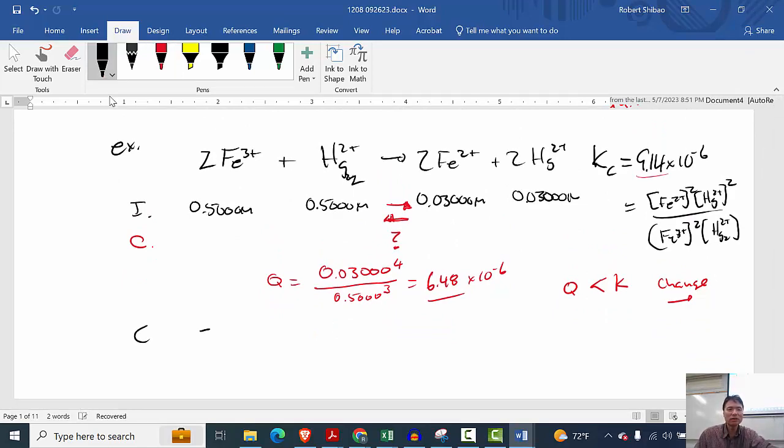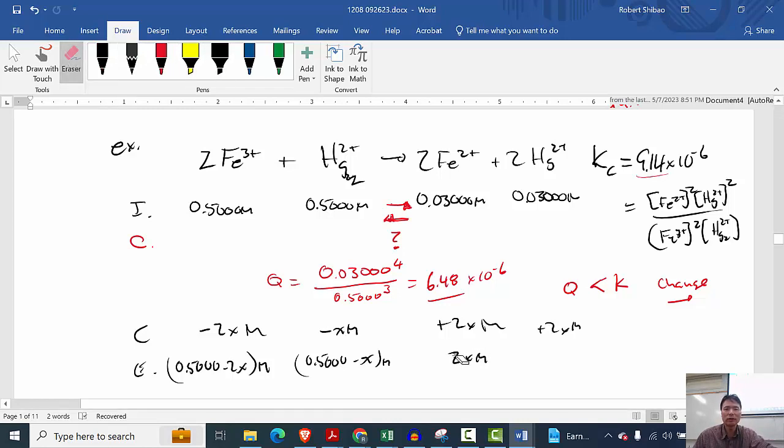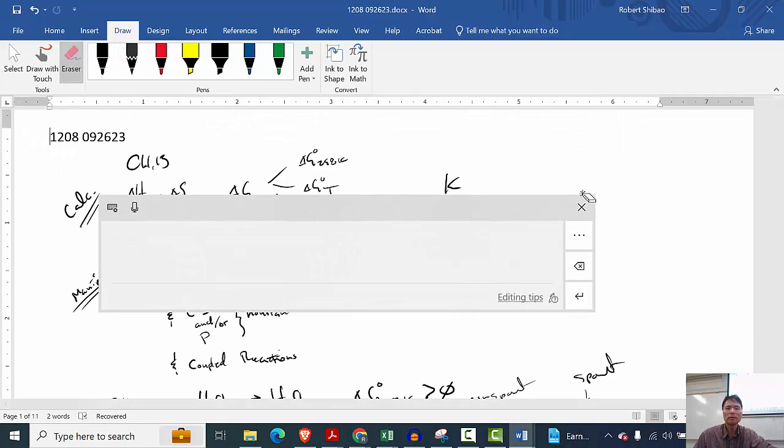That means I'm going to lose minus 2x molar, minus x molar here, plus 2x molar here. And so at equilibrium, I'm going to have 0.5 thousand minus 2x molar, 0.5 thousand minus x molar, and, oh no, that's not 2x, it's 0.03 thousand plus 2x.